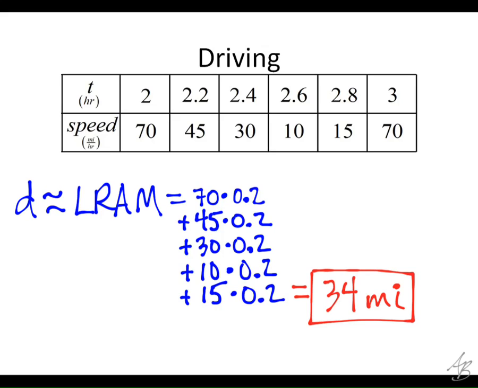So geometrically, what we would end up doing is using a trapezoid, and essentially what that does is it averages the beginning speed and the ending speed in this case. So if we average 70 and 45, we're probably going to get a more appropriate speed for the length of the interval rather than just using the beginning or the end speed. Okay, so we could take the average, and by doing that, we're finding the area of a trapezoid.